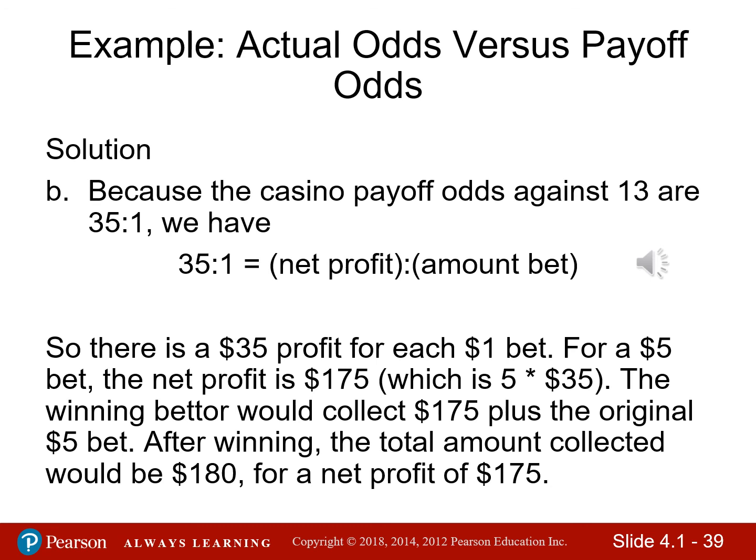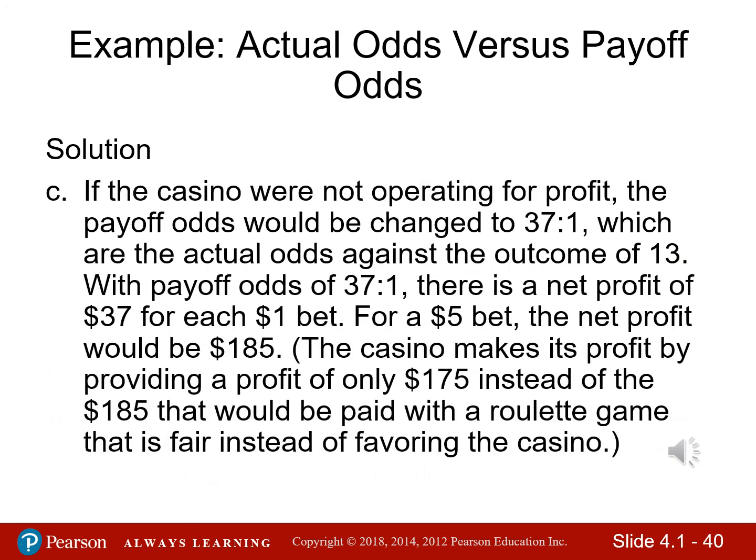For a $5 bet, the net profit is $175 because 5 times 35 is equal to 175. The winning bettor would collect $175 plus the original $5 bet. After winning, the total amount collected would be $180 for a net profit of $175.